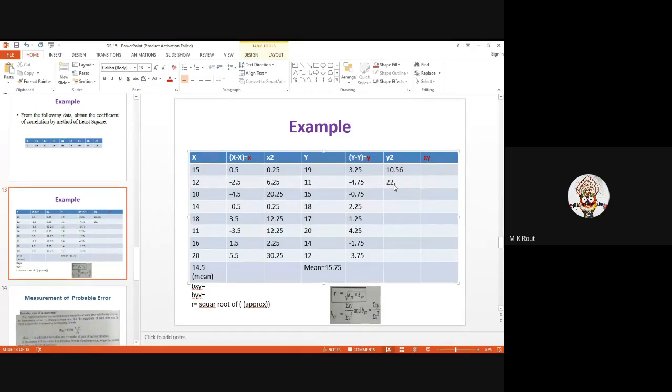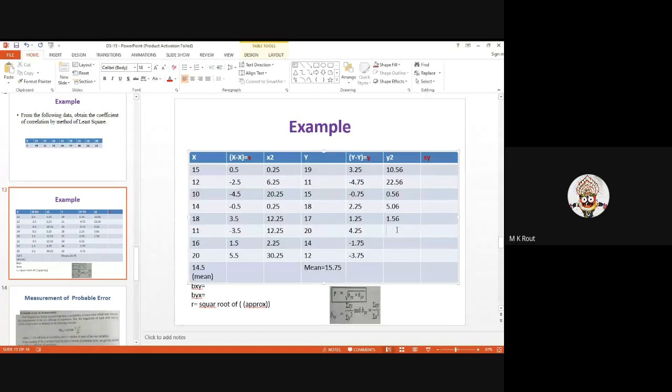Next one, 0.56. Next one, 5.06. Next, 1.56.